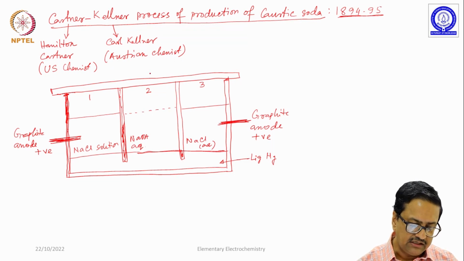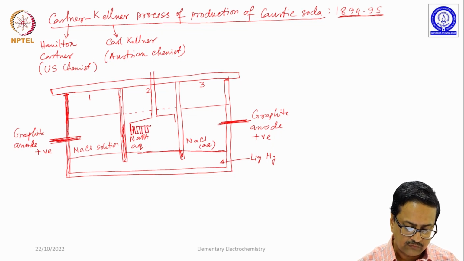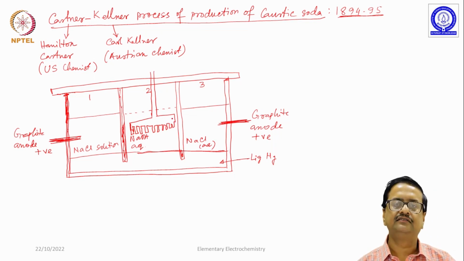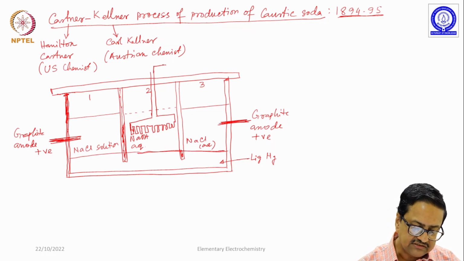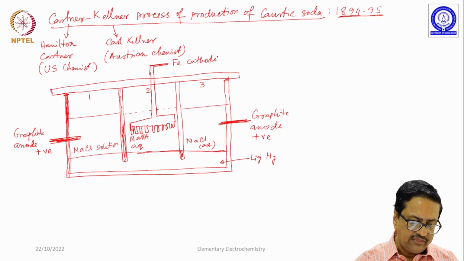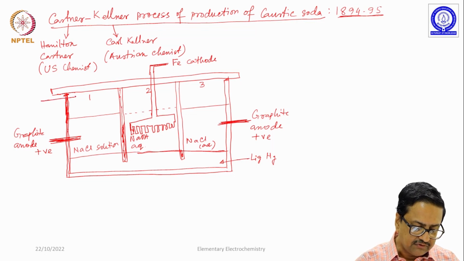And then in the middle chamber they had placed one iron electrode which looked like a comb. Why like a comb? Because they wanted to have a very large surface area for the electrode to work. So this is the iron cathode. And then they made a couple of vents or inlet lines.